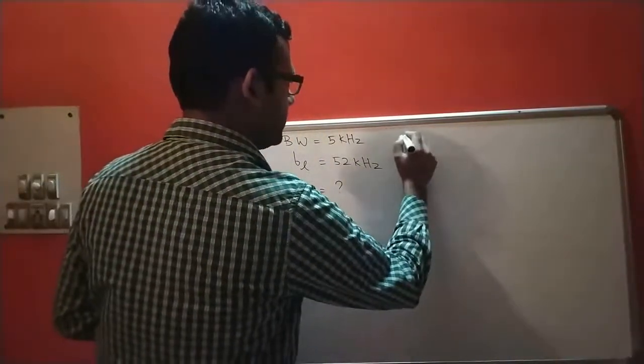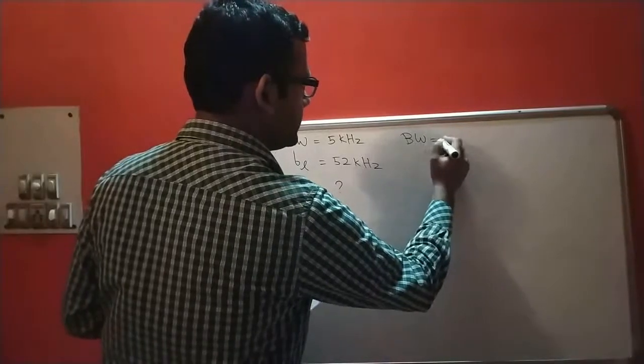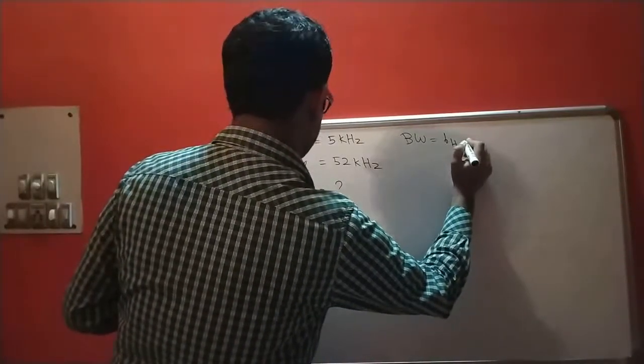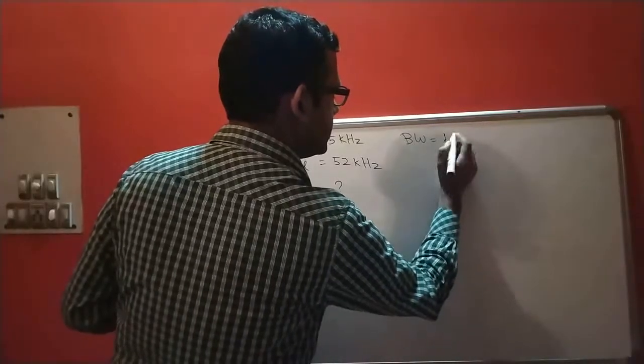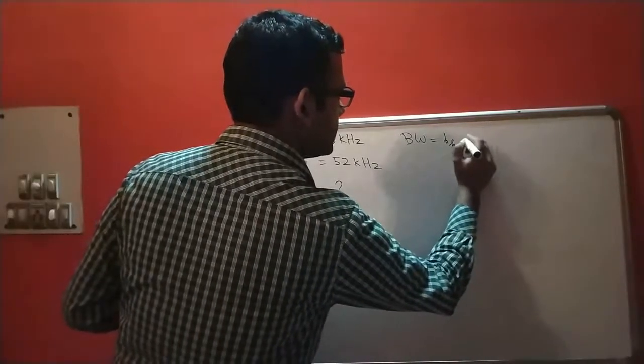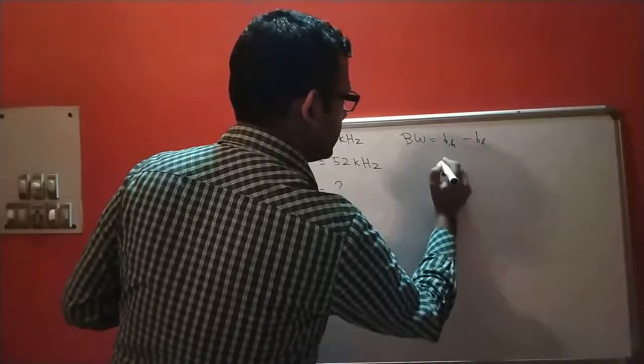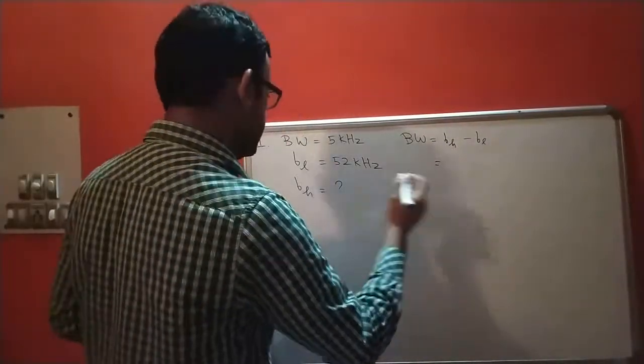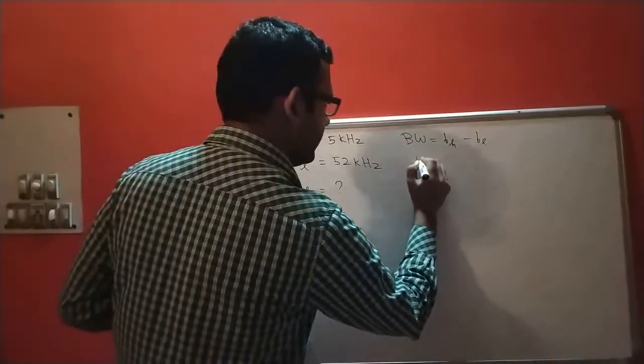We know that bandwidth is the difference between the highest frequency and the lowest frequency. The bandwidth is given to us, it is 5 kilohertz.